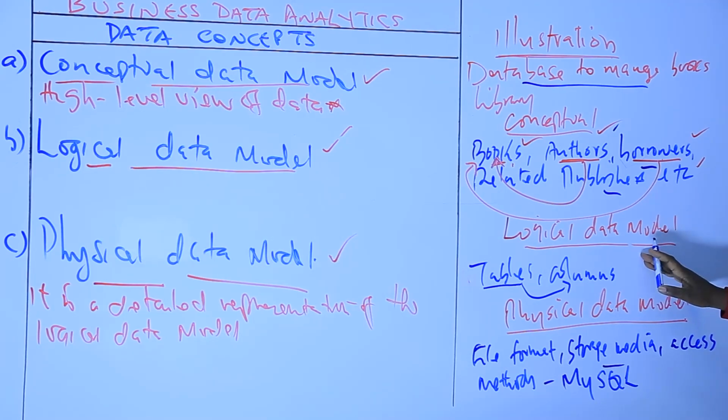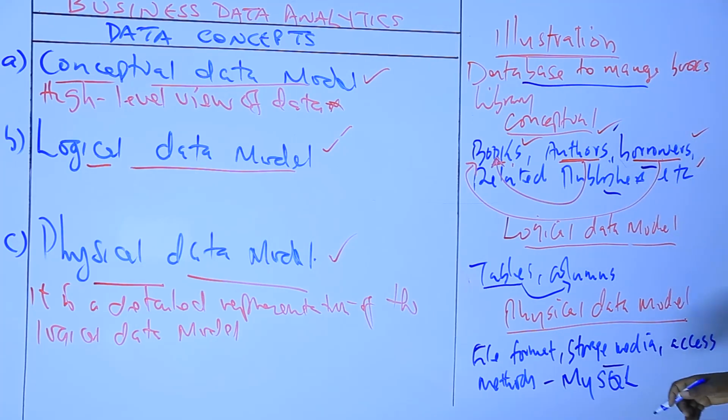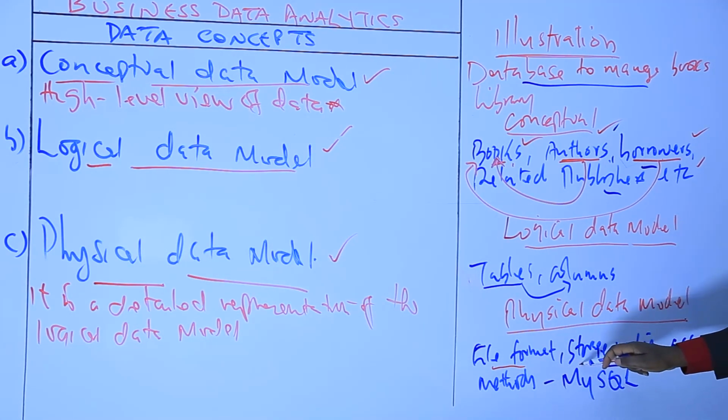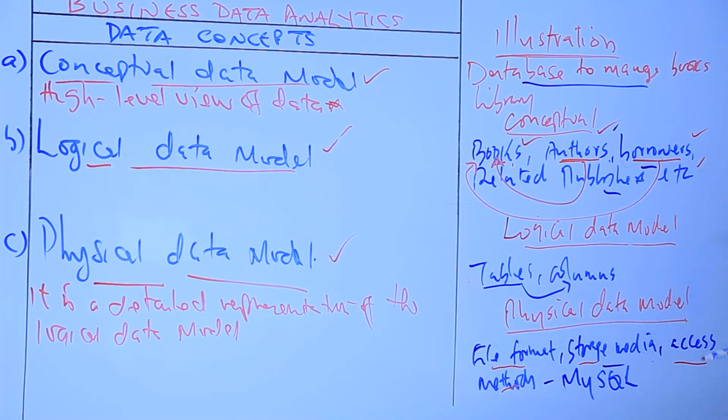All right? Then lastly, the physical data model specifies the implementation details. Like in our case here, we've mentioned the details on the file format, the storage media, the access methods, and so on. All these must be specified in the physical data model.